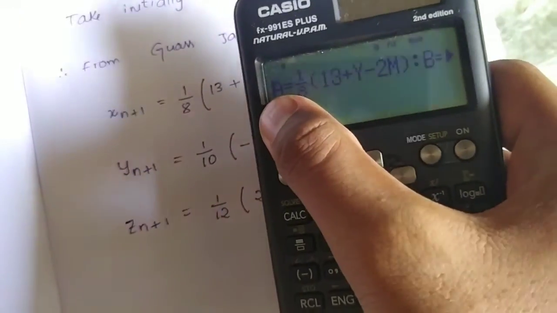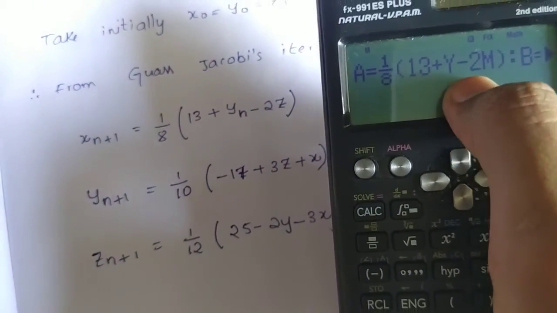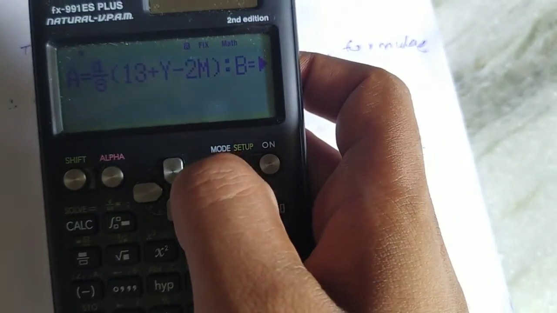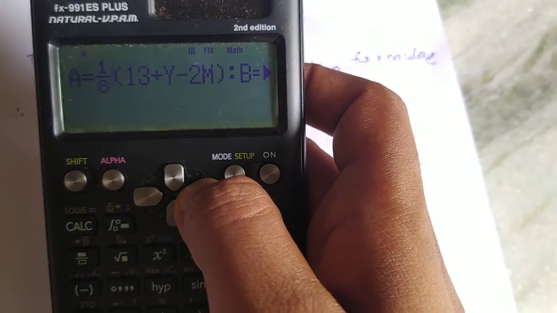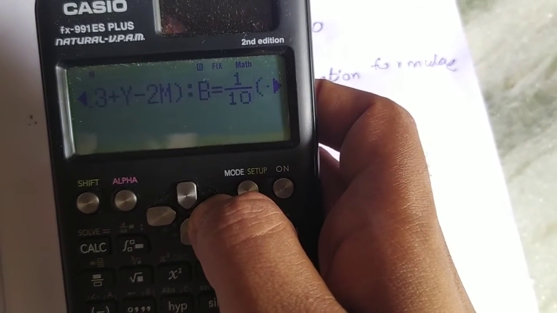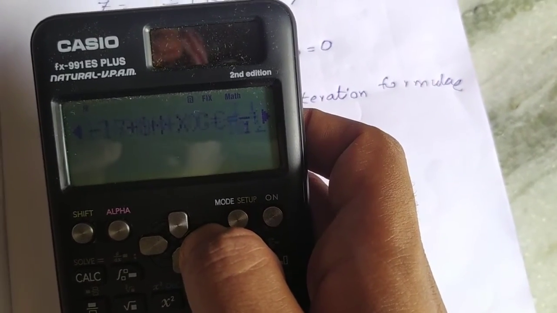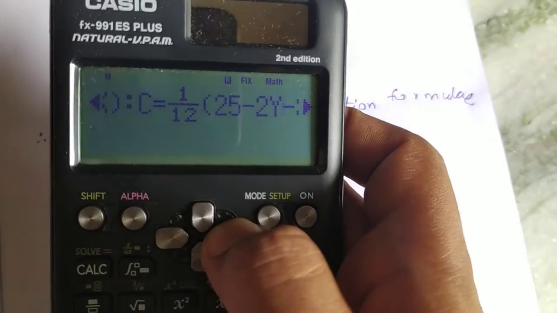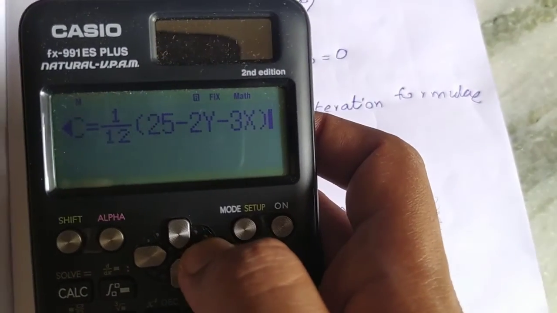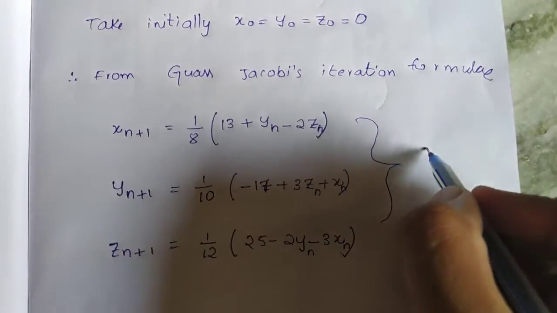Here a means xn plus 1 is equal to 1 by 8 into 13 plus y, meaning yn, minus 2 into z, meaning zn. Similarly, yn plus 1 is equal to 1 by 10 into minus 17 plus 3 into zn plus xn, and zn plus 1 is equal to 1 by 12 into 25 minus 2yn minus 3xn. Now let us consider this as equation 1.